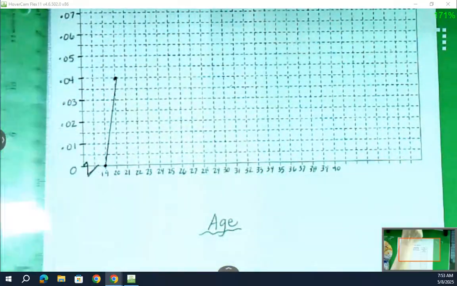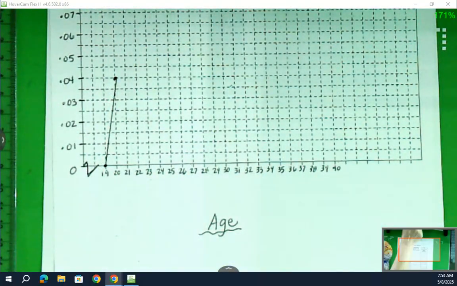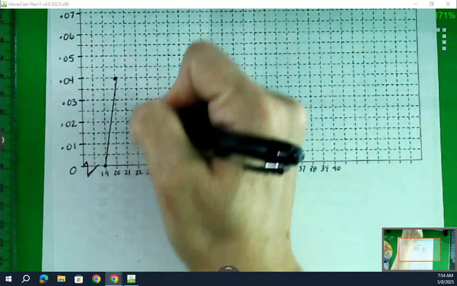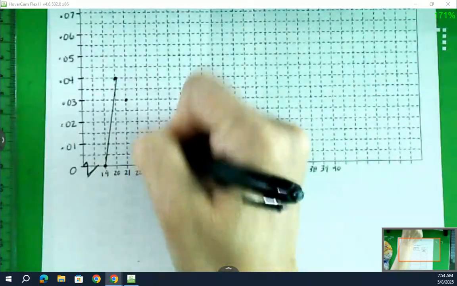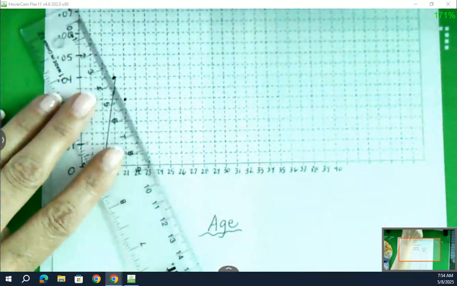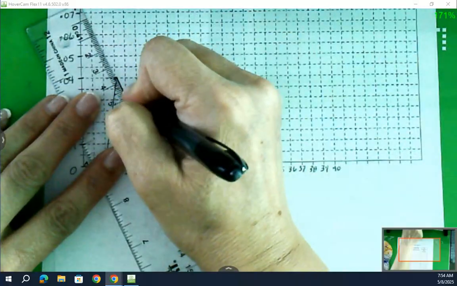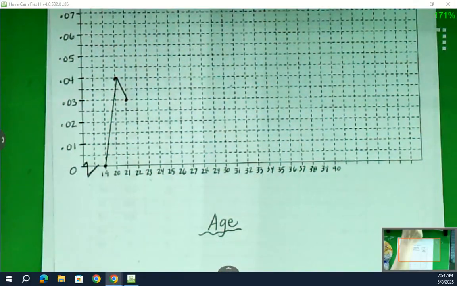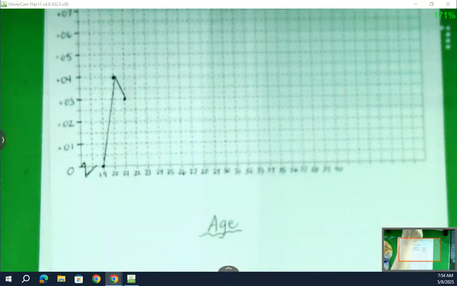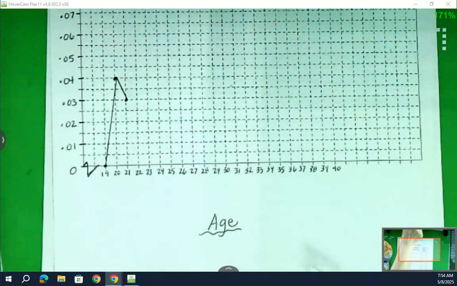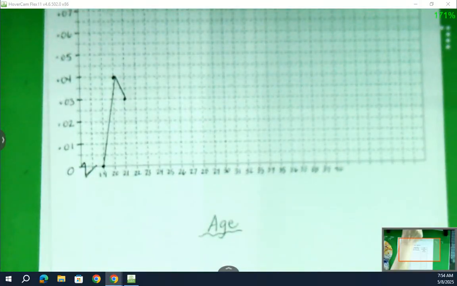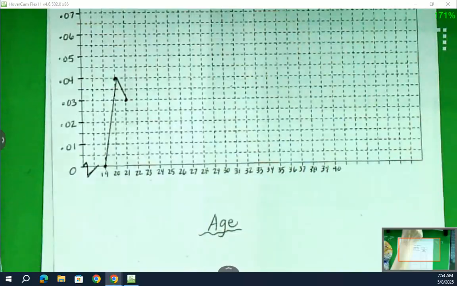We're going to be making a line graph. At age 21, it was 0.03. And so on. Okay, so you're going to finish your chart and then complete the graph. And it is the graph that you're going to screenshot and send into Schoology.